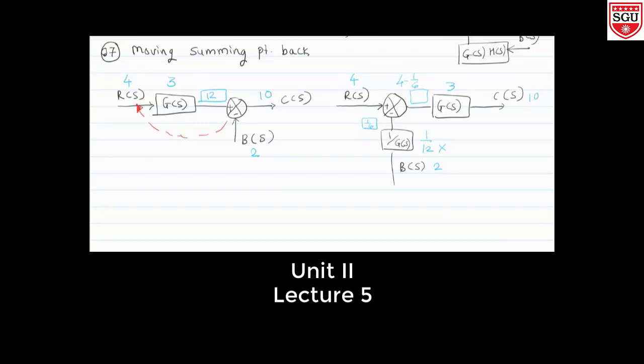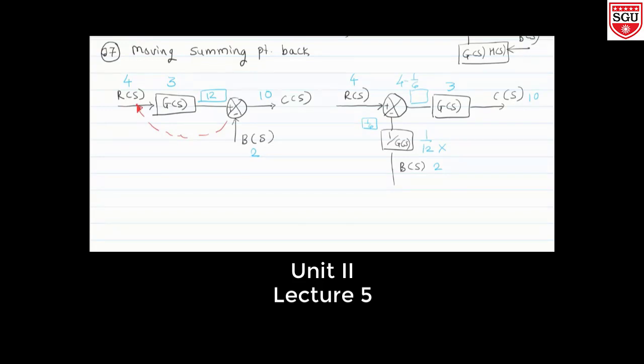So what will be the answer? 4 minus 1 by 6 is 3.83. Then 3.83 multiplied by 3, what will be the answer? Is it coming 10?